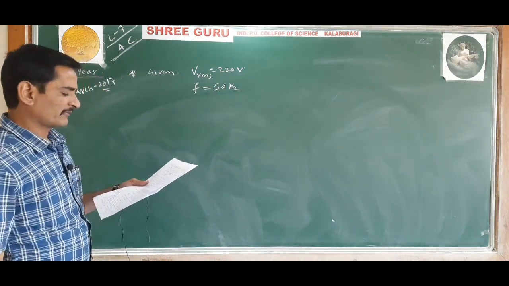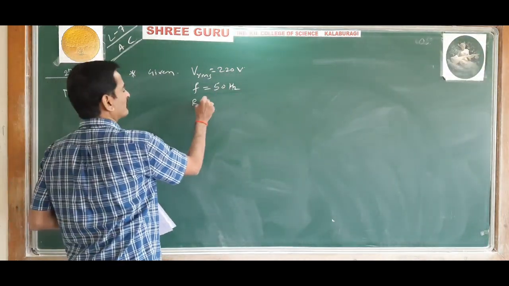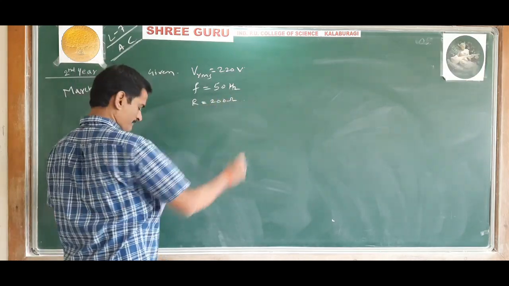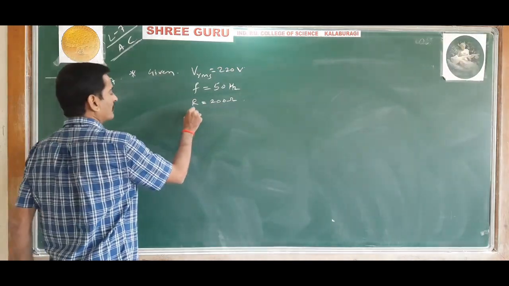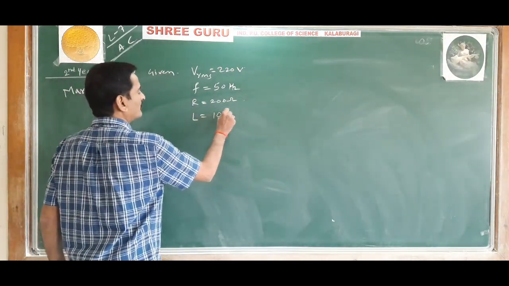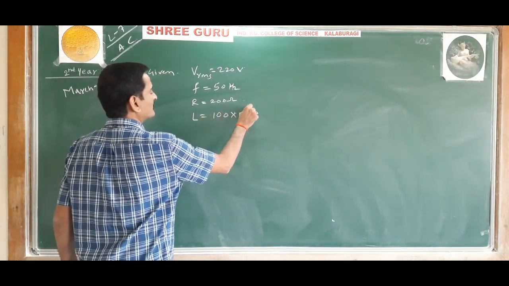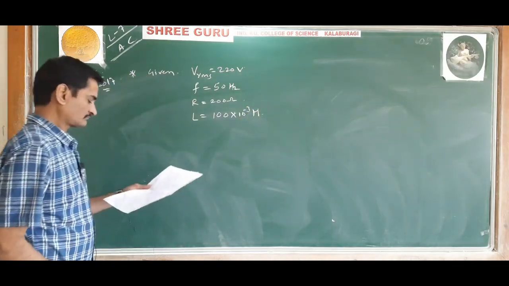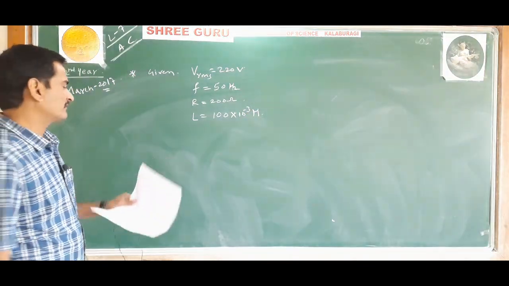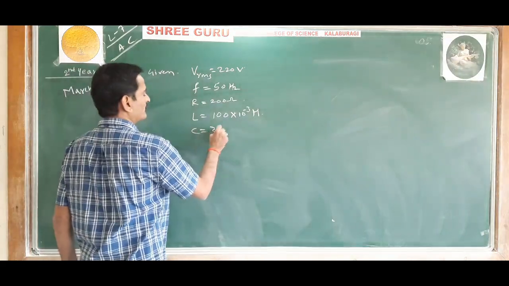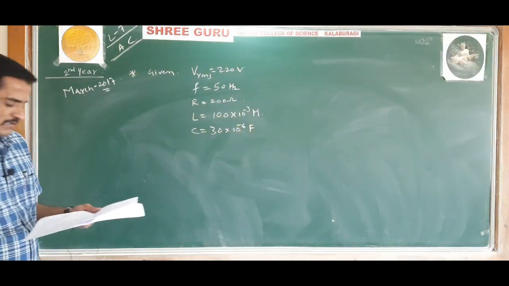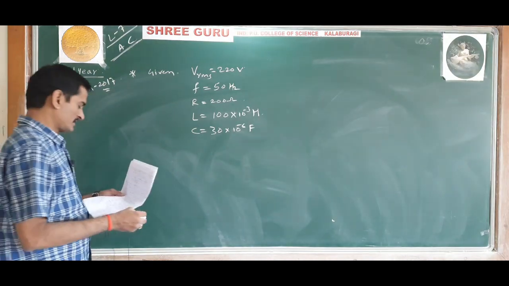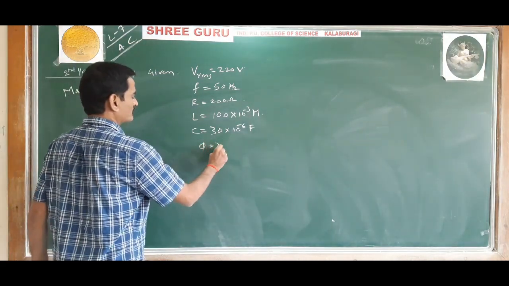It is connected in series with a resistance of 200 ohm, that is R is 200 ohm, and inductance 100 millihenry, that is L is equal to 100 into 10 to the power minus 3 Henry, and a capacitance of 30 microfarad, that is C is equal to 30 into 10 to the power minus 6 farad. Does the current lead or lag the voltage, and by what angle? That is phi is equal to question mark.